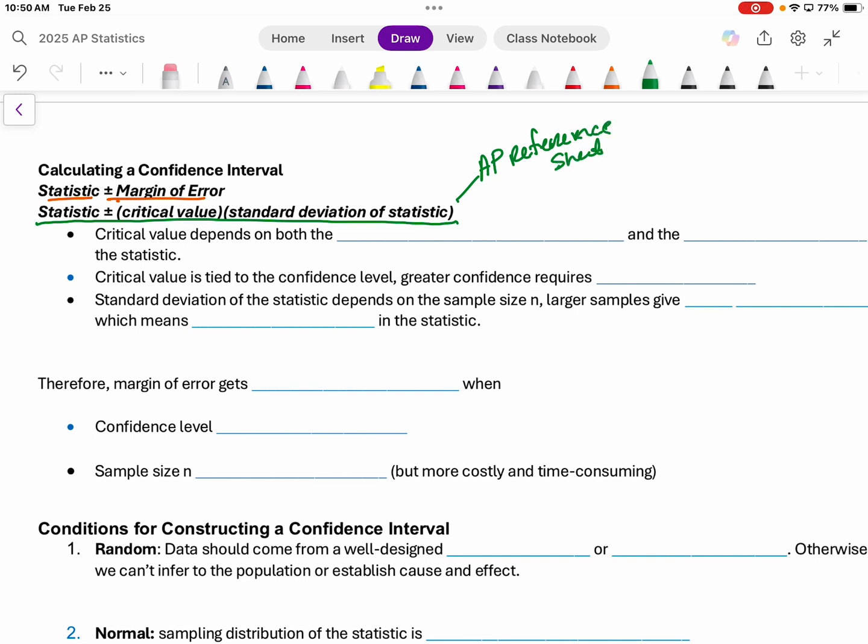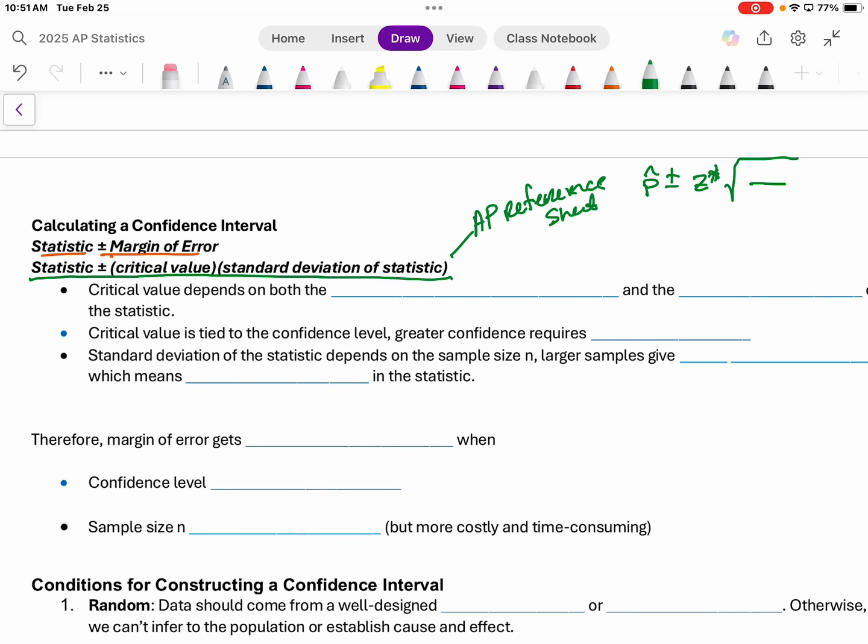Tomorrow we get to break it down more, but in the chapter we're in right now, it's p hat plus or minus a critical value, which I'm just going to put down as z star, times the standard deviation of the statistic. So it's actually a square root of a fraction.